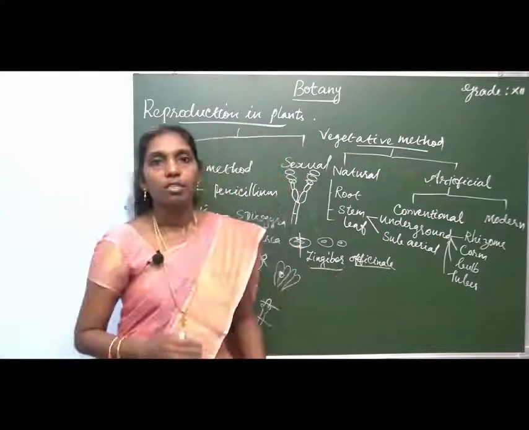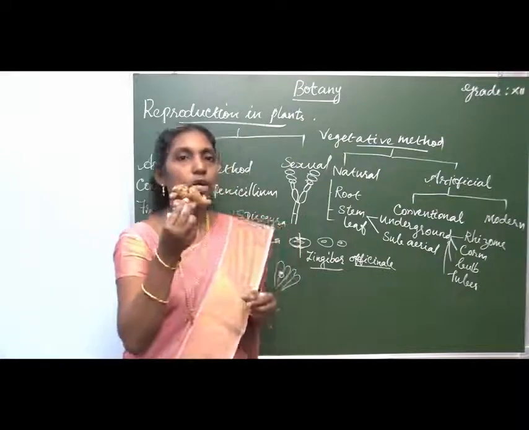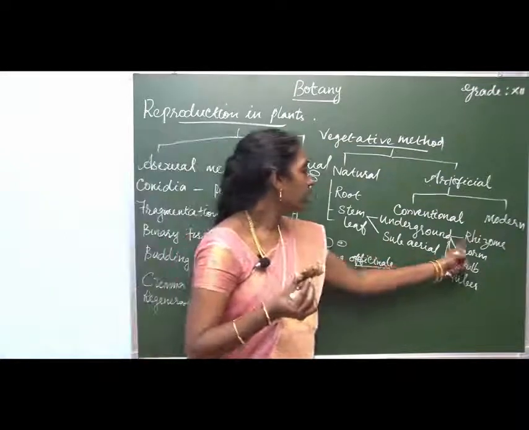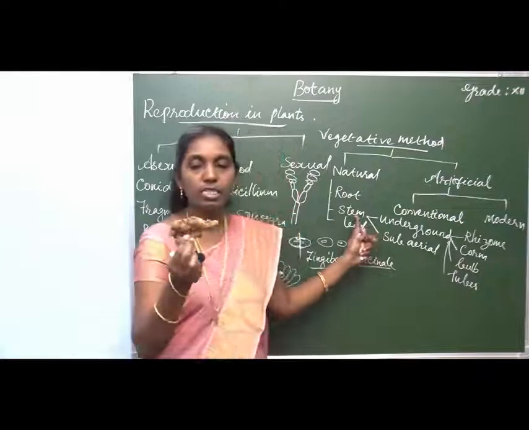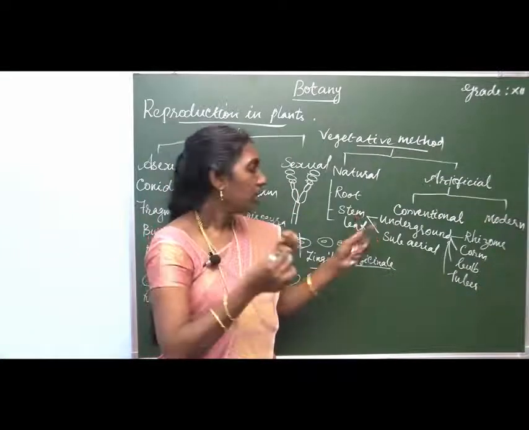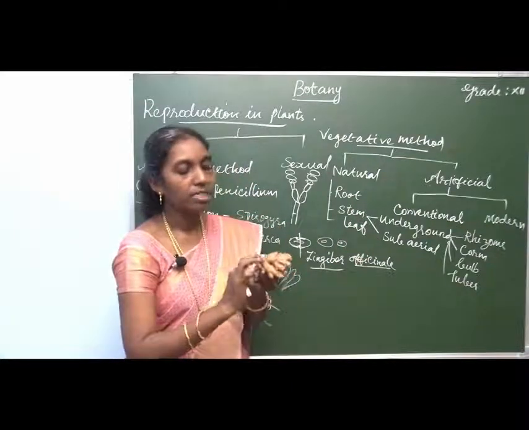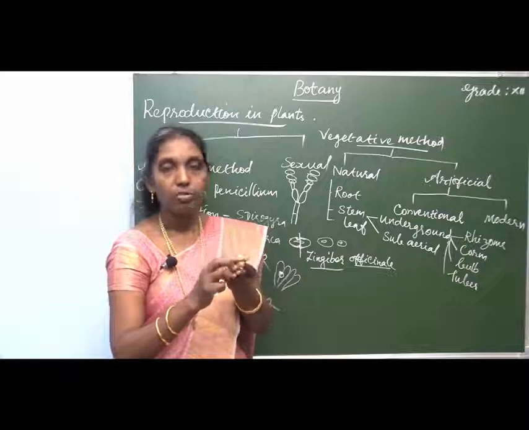In this, some buds develop. Look at this. This is called rhizome, the modification. This is the stem modification. The actual part is stem, but this is the modified stem. Why can we say this is a stem? Because this part is covered by scale leaves. Leaves are present.